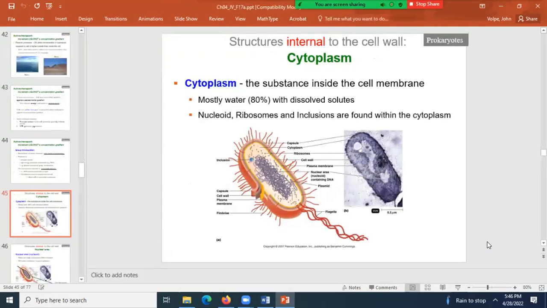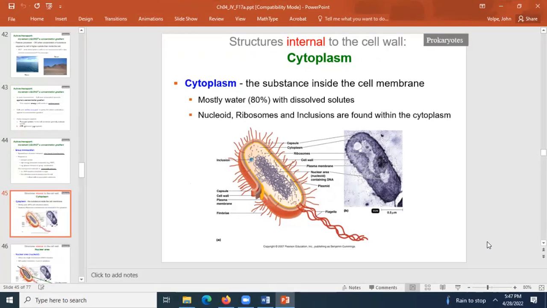All right, let's move on to the cytoplasm. The substance inside the cell is the cytoplasm. At least for prokaryotes, that's all you have inside the cell, unless it's something that doesn't dissolve in the cytoplasm. And we'll talk about that in a little bit.